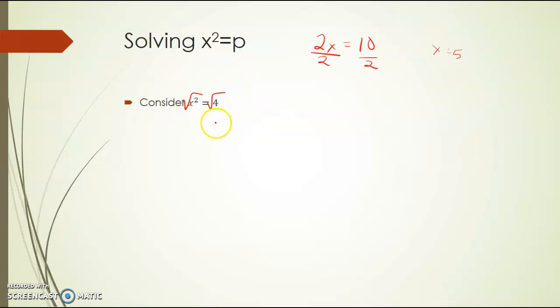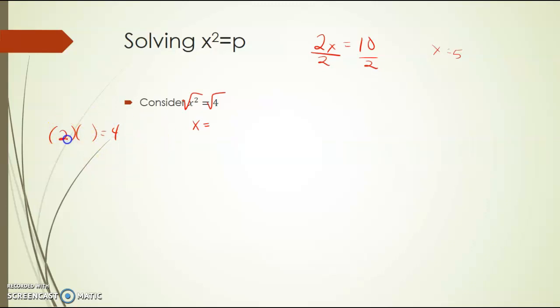Show this step. And so then x equals, now, we have to be careful, because when I take the square root, I'm thinking, what are the 2 things times themselves that would equal 4? What times what equals 4?